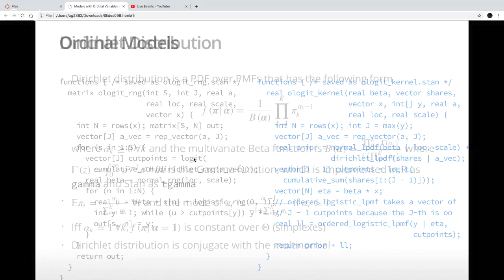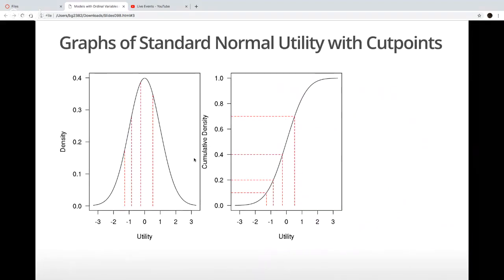If we back up to this, what I'm basically saying is, look at the CDF. This one is standard normal, but it's basically the same idea for the standard logistic. What I get when I draw from a Dirichlet is the increments on the vertical axis.